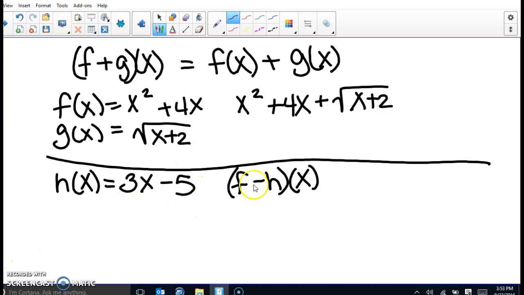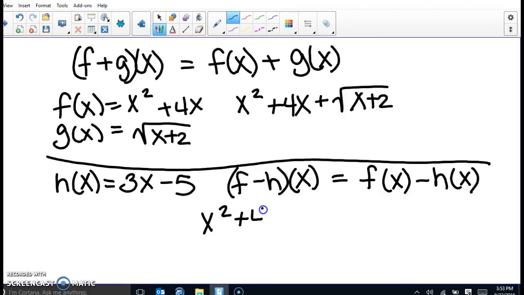I'm going to rewrite this. This can be rewritten as f of x minus h of x. And now we're going to substitute in f of x here. So x squared plus 4x is going to go in for f of x. And then for h of x, we're going to substitute in 3x minus 5.